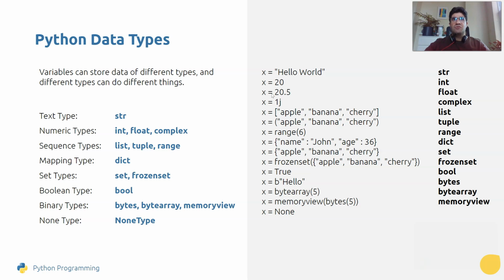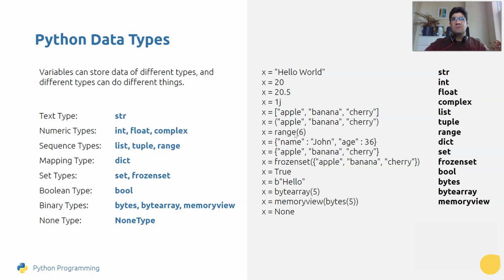Second one is integer, float number, complex number, and in Python, the J represents the imaginary part of the complex number, and it can have, as I mentioned, some sort of real part as well. And we have the list to store a list of items or values. Tuple, we have range to generate a range of numbers.